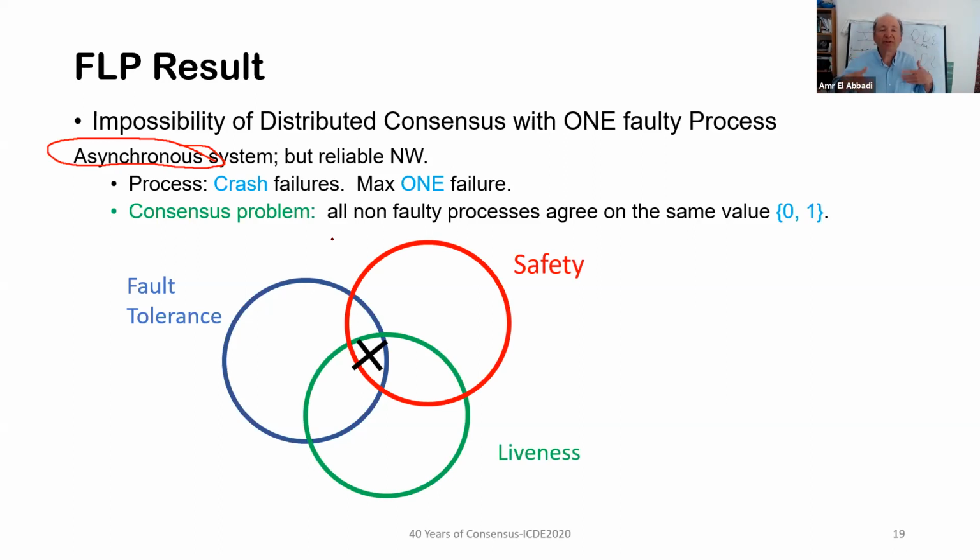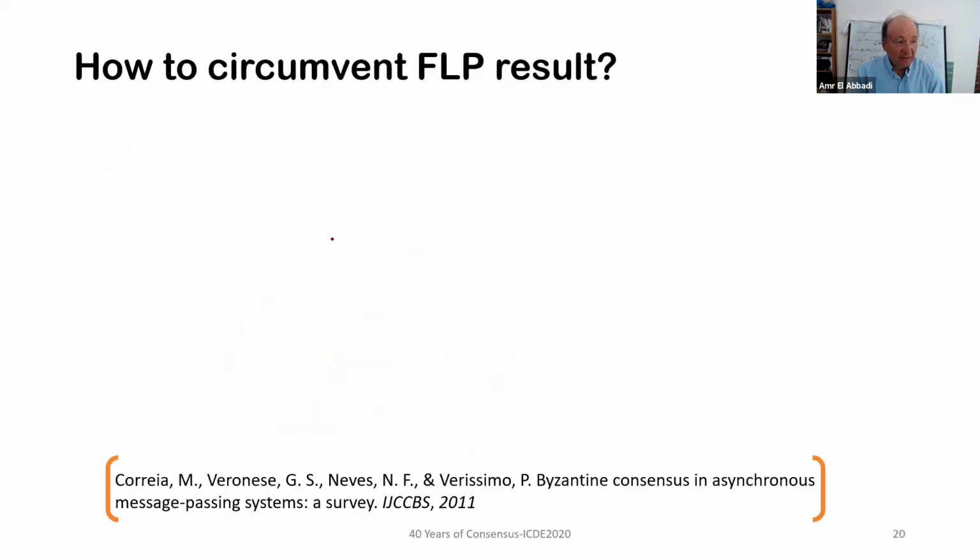So there is no guarantee of termination. So the impossibility is that termination is impossible to guarantee. Liveness is impossible to guarantee in an asynchronous system, even with crash failures. This is a very kind of disturbing and negative result.